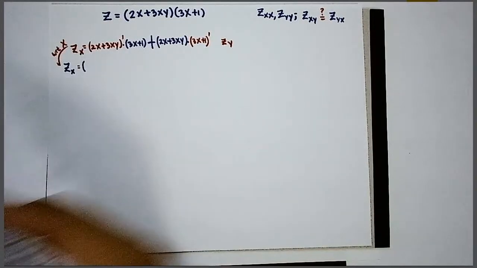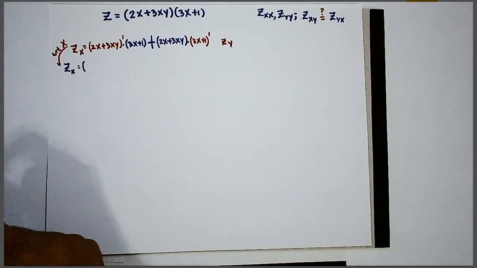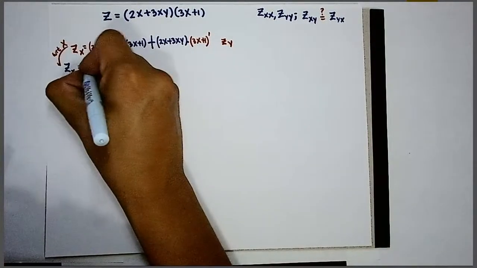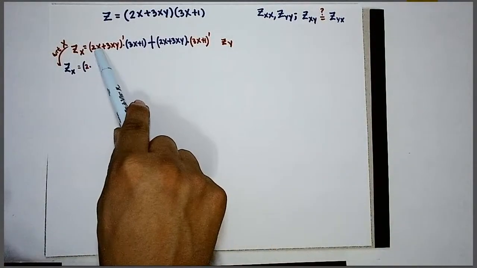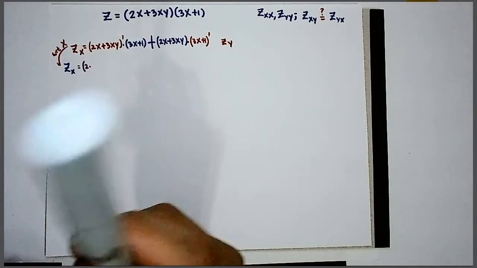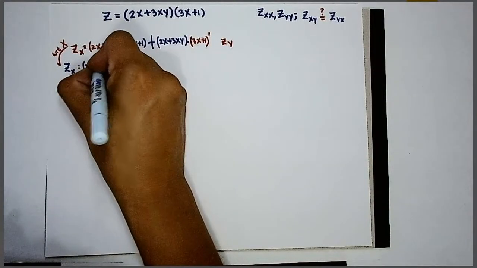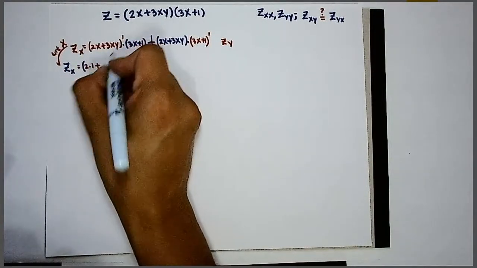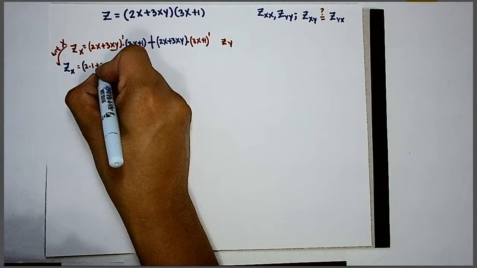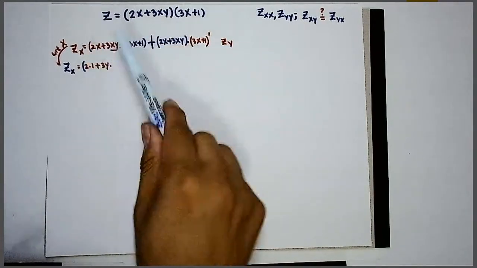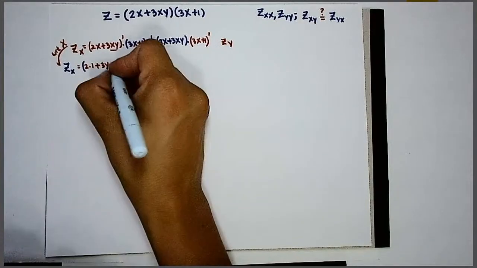Internally, the constant part is 2 times the derivative of x with respect to x, which is 1, plus, here the constant part is 3y times the derivative of x with respect to x, which is 1.